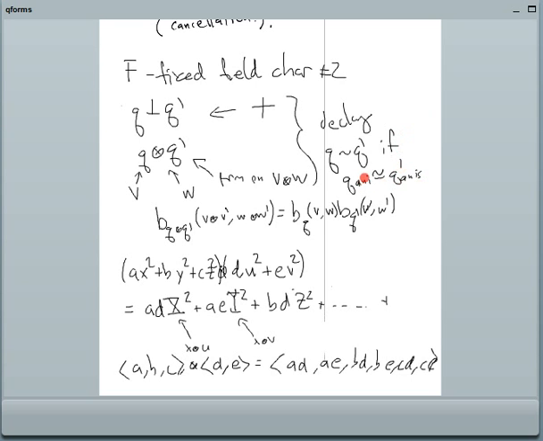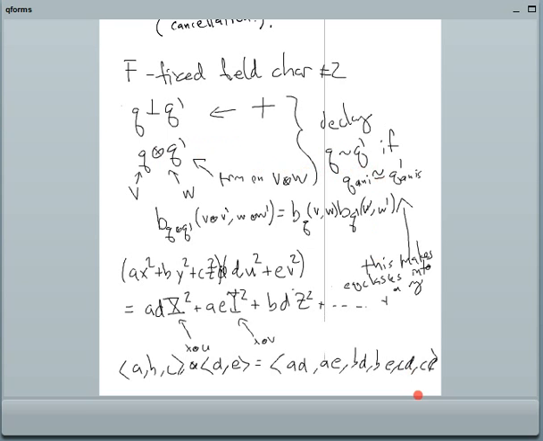If you do this, then it turns out that the equivalence classes form a ring if you use these two operations. These two operations extend to operations on these equivalence classes, and they give you the structure of a ring.